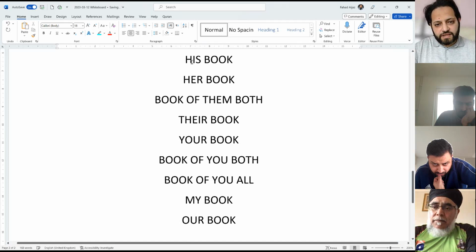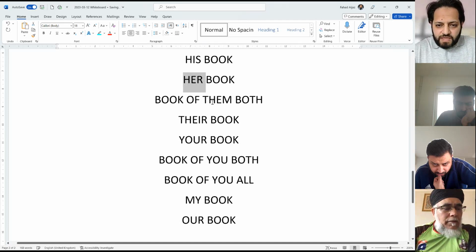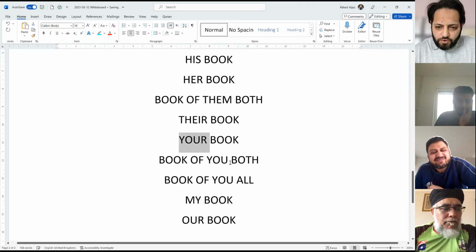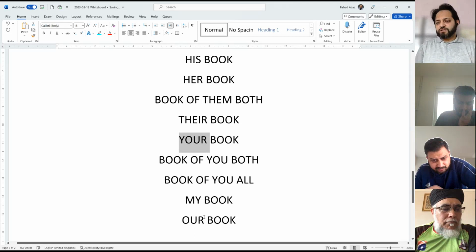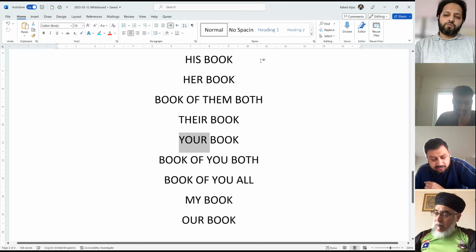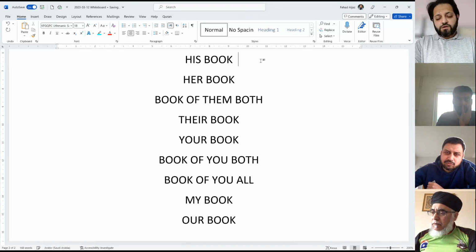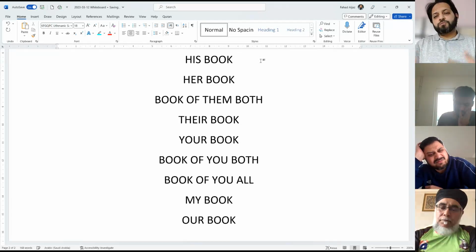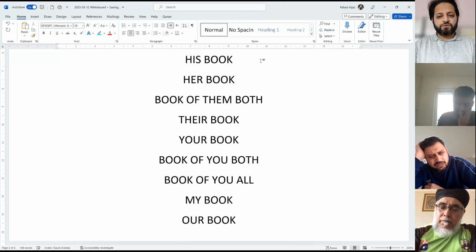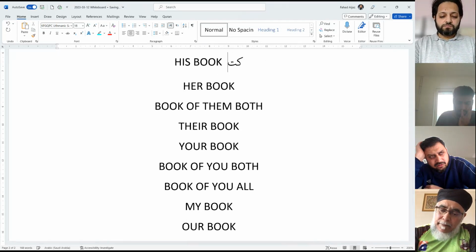So what you have here: his, her, them both, their, your, you both, you all, my, our. These are all attached pronouns. Okay. So what we are going to do is, in front of each one of them, we are going to try to produce this fragment. So you know, in Idafa, the word we have is kitabun.